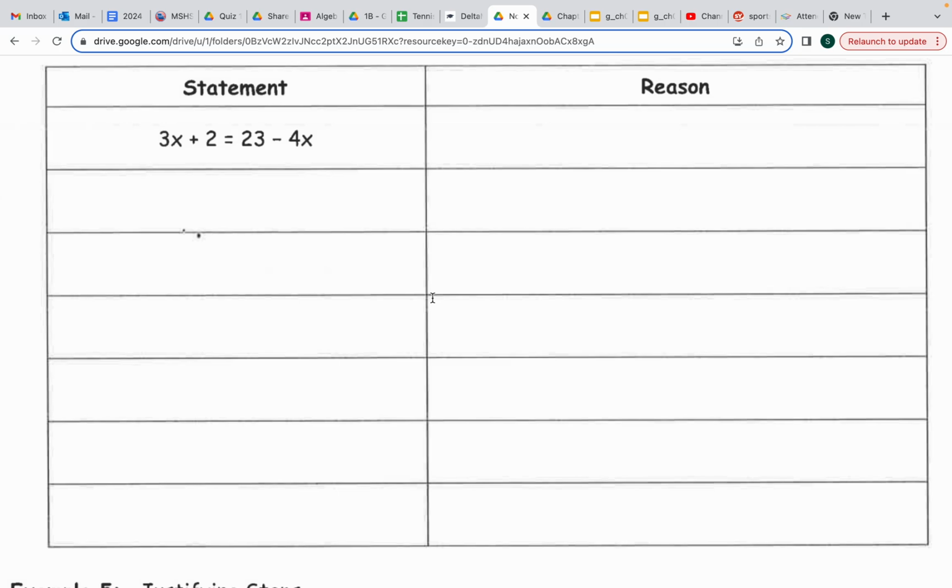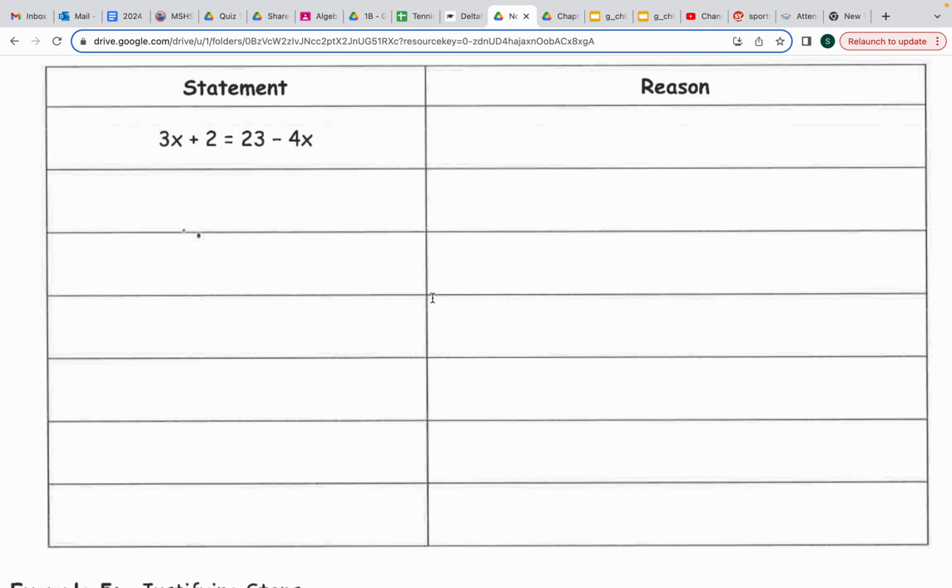Okay, so let's look at this one. What is my reason going to be for this first statement? Yeah, it's just given. Every single time, your first one's given. Now, you may approach this a little bit different, but that's okay as long as you get the same answer and we do pretty much the same amount of steps.